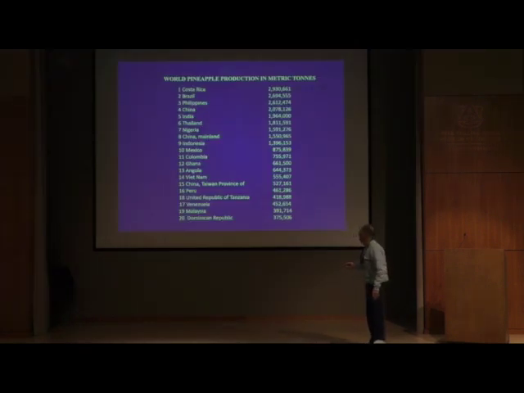Here you see the production in metric tons, almost 3 million. This is worldwide, Brazil, Philippines, all the way to the Dominican Republic. Okay? Unlike avocado, pineapple is very adaptable.